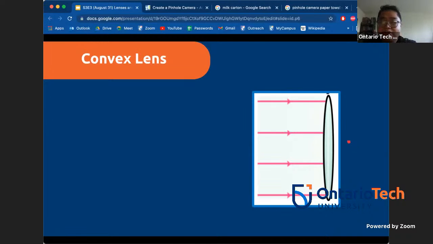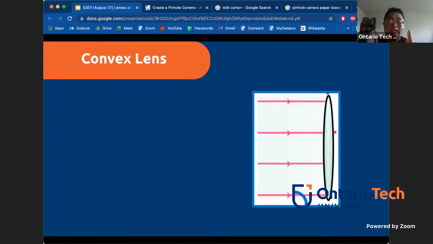To give you a clue, a convex lens is a converging lens. Does anyone know what converging is? Yeah, converging means coming together. So with that clue, does anyone know how the light would refract here? Oh, I'll repeat what I said.